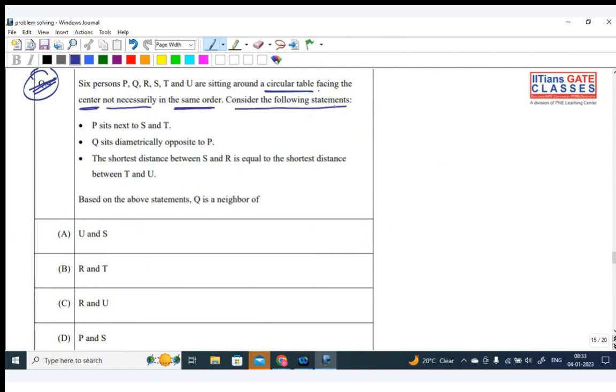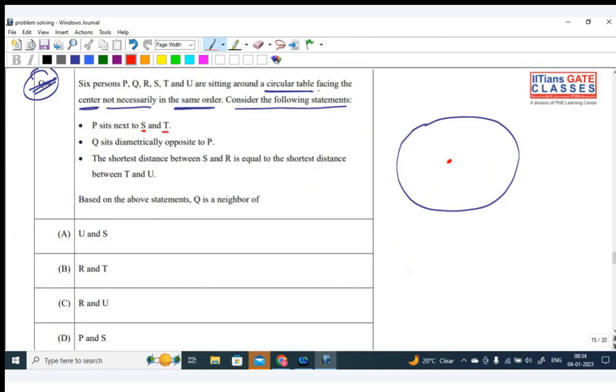Consider the following statements, right? So what you can do here is you can put the circle here, and this is the center here, right? Okay. Take one guy. P sits next to S and T, right?